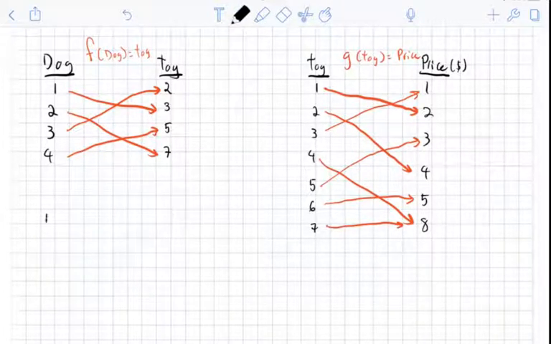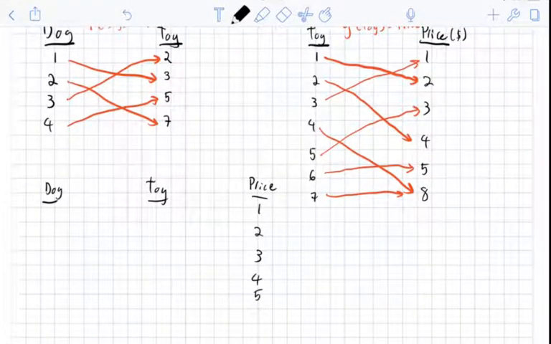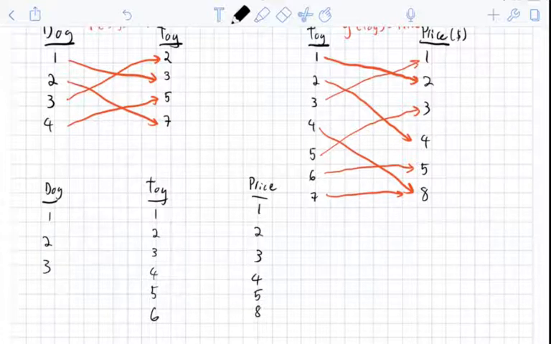Dog, toys, price. 1, 2, 3, 4, 5, 8. 1, 2, 3, 4, 5, 6, and 1, 2, 3, 4. Okay?